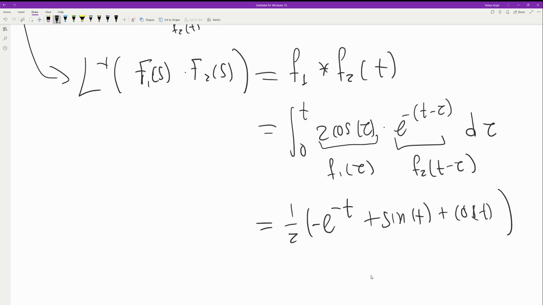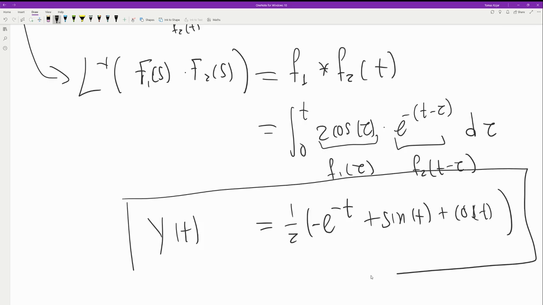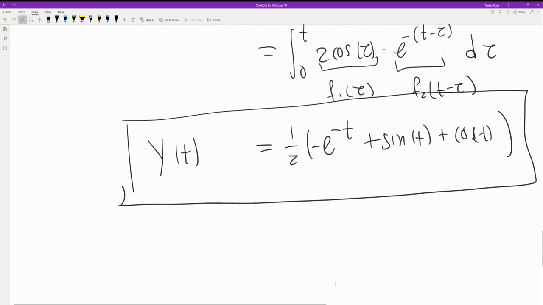And that's it. That's the answer. So if you did partial fractions, you would have got the same answer. So it's up to you, whatever you're more comfortable with, integration or partial fractions.